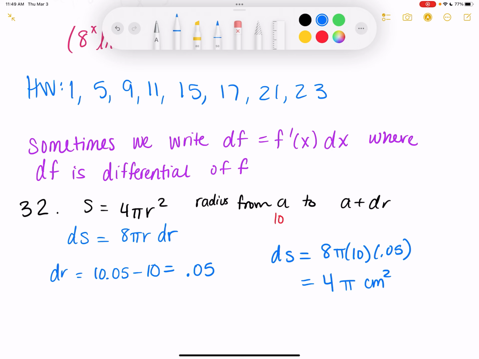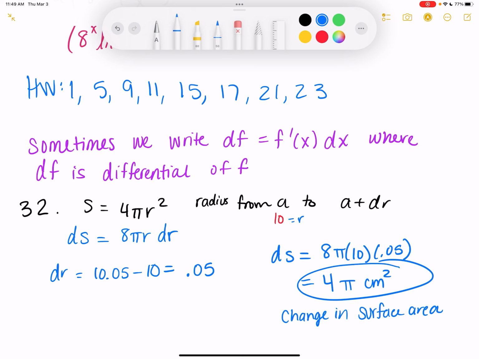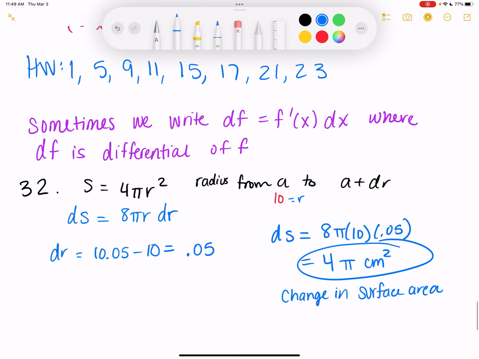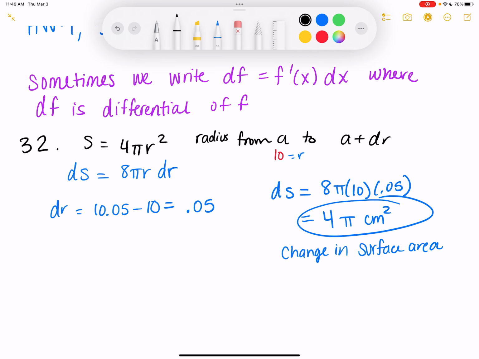That's the change in surface area, is what this represents. And r equals a. Okay, so now, next one. It's another surface area problem, slightly different instructions. There's also a volume problem that goes with this one. So we did the even one, the odd one is the same principle. It's just volume instead of surface area.